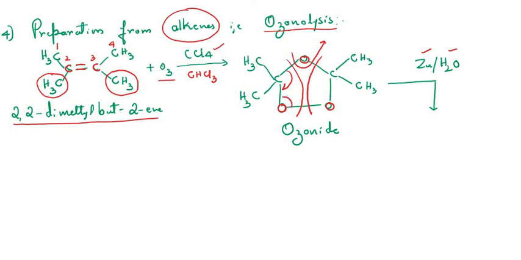There will be formation of a bond between this carbon and this oxygen. Similarly, we can also find that this half-headed arrow mark will form a bond here between this carbon and this oxygen. So therefore, we can find that we are getting two molecules of acetone, that is CH3, C double bond O, and CH3. Is it clear, students?